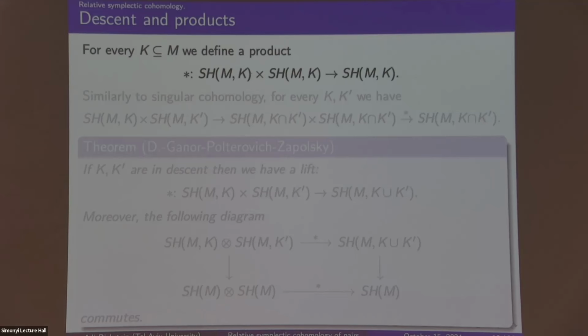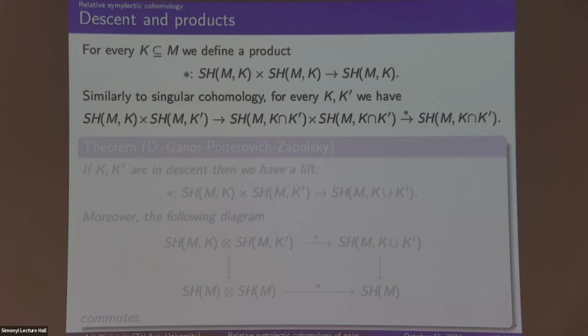In the case of one set, it was defined by Ganor and Varolgunes. We defined it for pairs, and like in the case of singular cohomology, we can define it from pairs of two sets, M comma K and M comma K prime, and it goes to M comma the intersection.